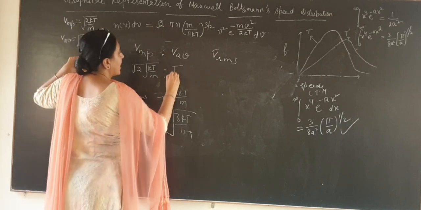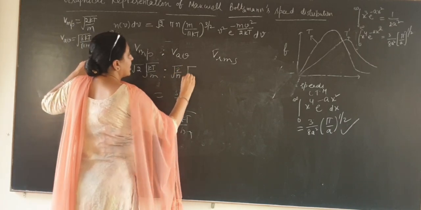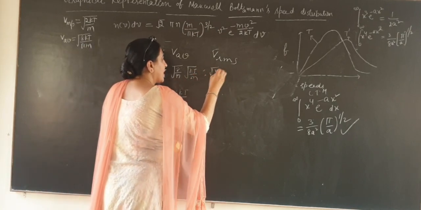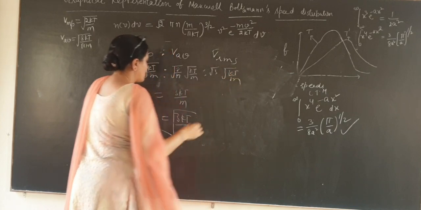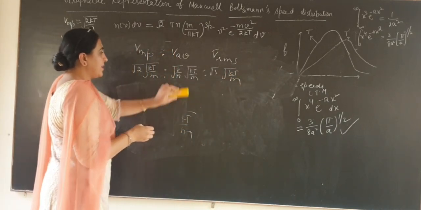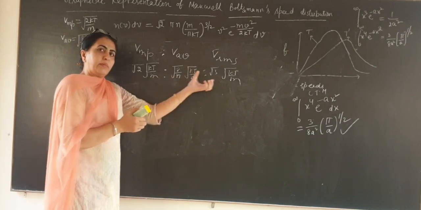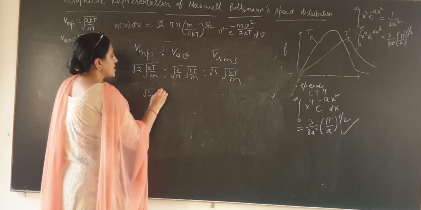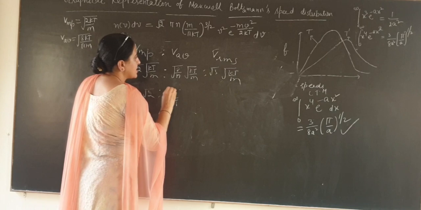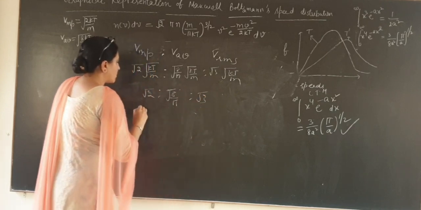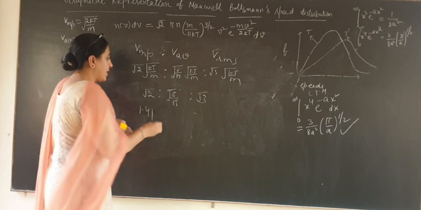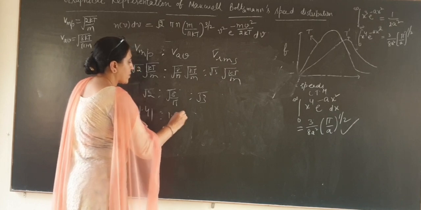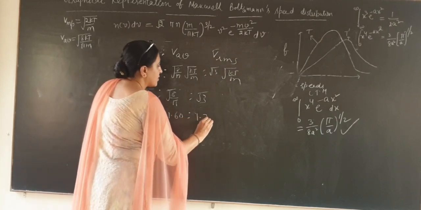V average is √(8/π) times √(kT/m), and Vrms is √3 times √(kT/m). See, √(kT/m) is common between these three, so this cancels out, and we get only √2, √(8/π), and √3. √2 is 1.414, √(8/π) is approximately 1.60, and √3 is 1.732.